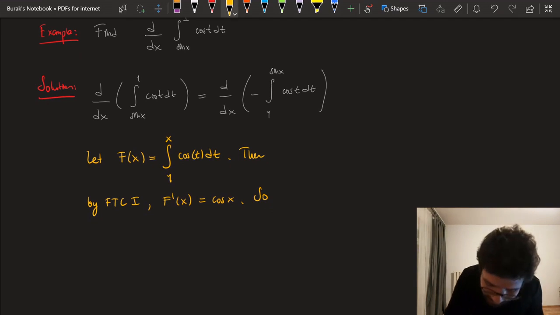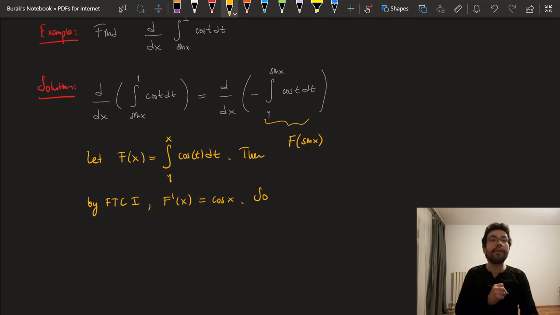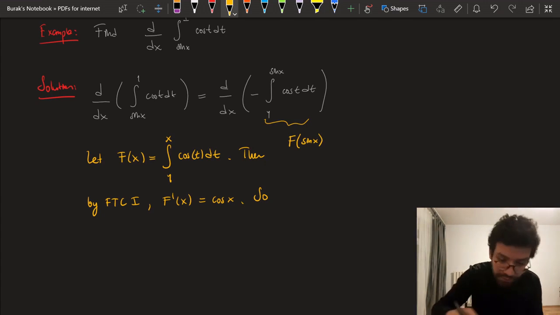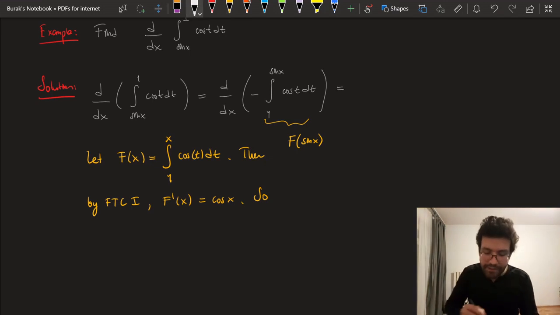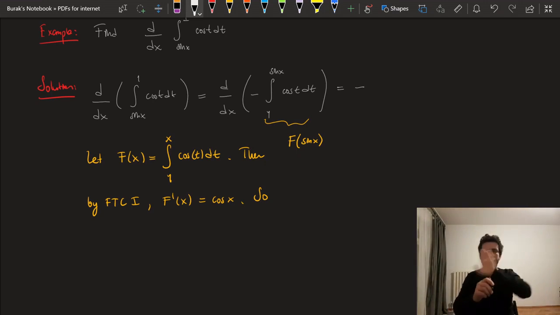You see, the function I see here is not F of x, but F of sine of x. Which means that if I differentiate this, you see I have a minus sign in front, I'm going to use the chain rule.